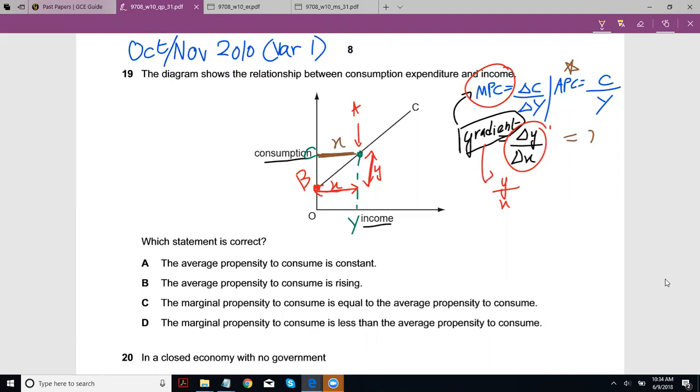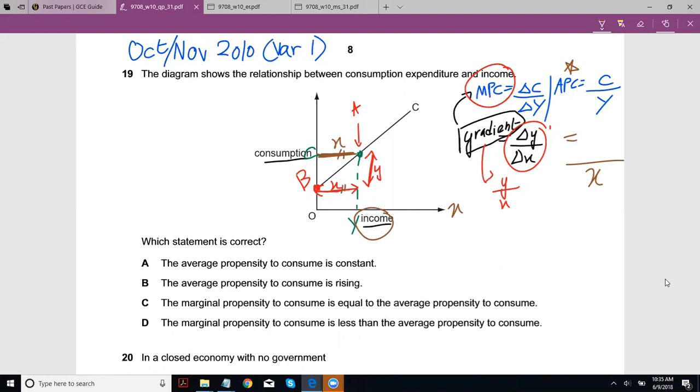Oh, sorry. We need consumption and income, but on the x-axis we have income, so the horizontal distance is the same, which means the income is the same. So income is going to be x because this is obviously the same as this, right? The horizontal distance. So in the denominator we have x.